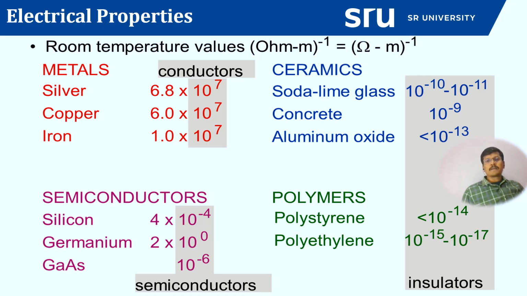Similarly, electrical conductivity depends on both the number of charge carriers and their mobility. If the carrier density is high but the mobility is poor, that results in limited electrical conductivity.